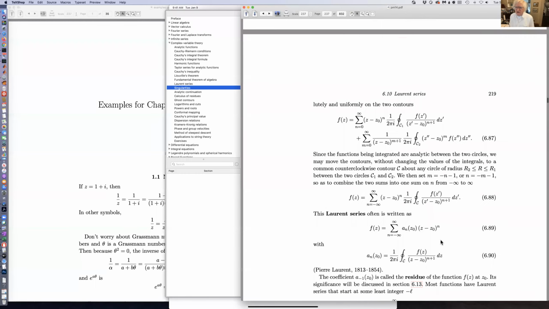So z has the value R, the absolute value of z is equal to R on this contour here.